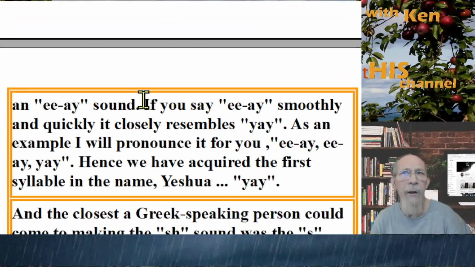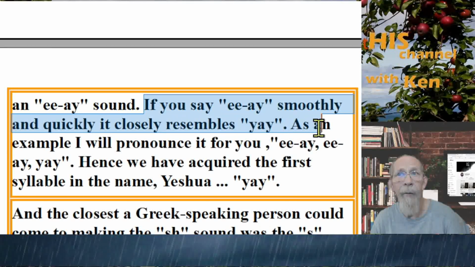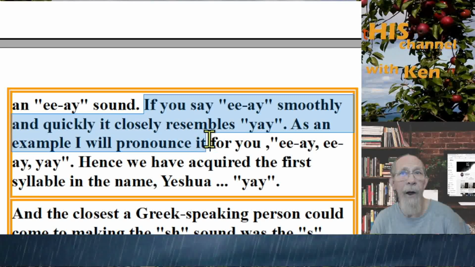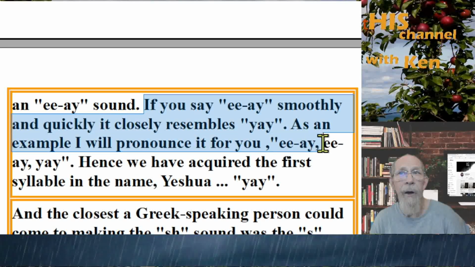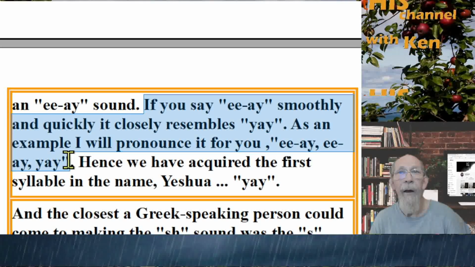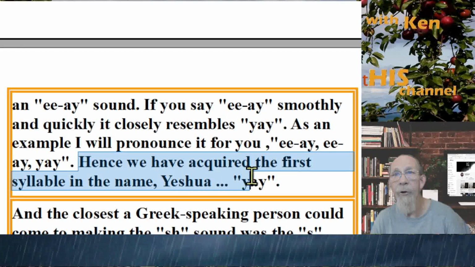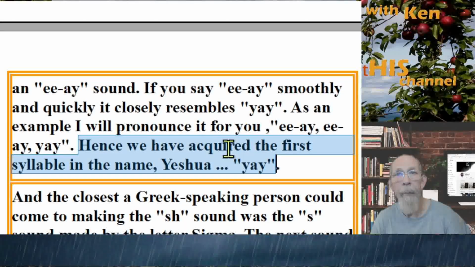If you say EA smoothly and quickly, it closely resembles yay. As an example, I will pronounce it for you. EA, yay, yay. Hence, we have acquired the first syllable in the name Yeshua, yay.